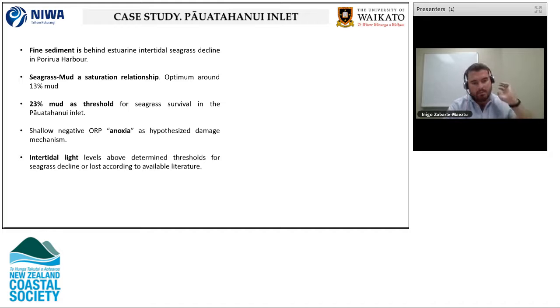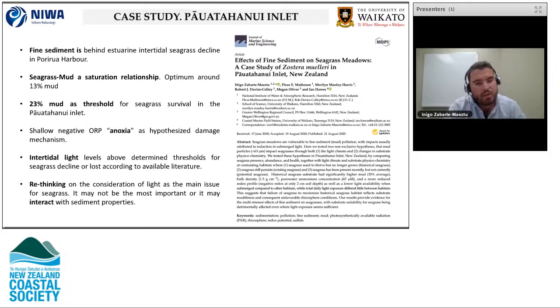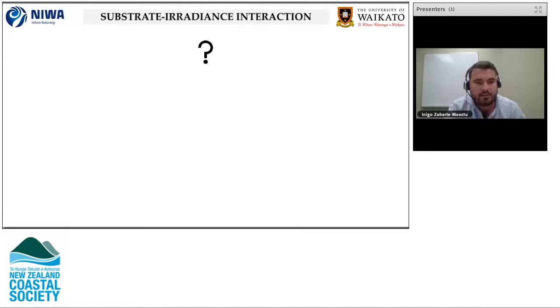The intertidal light levels were always above the determined threshold for seagrass to grow, but seagrass still wasn't growing in the historical habitat, so we needed to rethink light as the main issue and think about other substrate properties. We published this article in the Journal of Marine Science and Engineering for further information if you are interested.